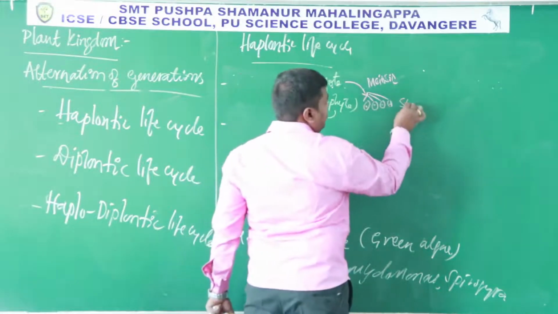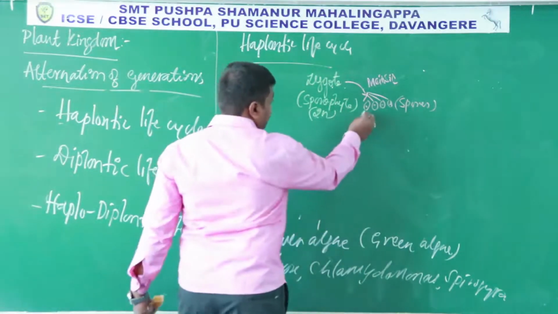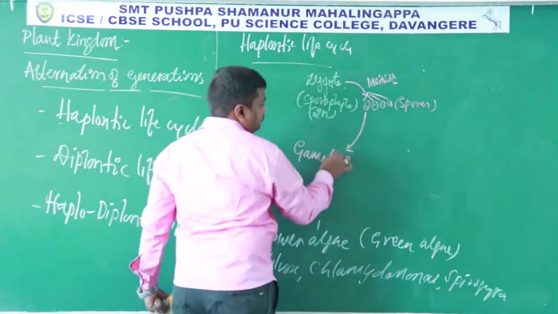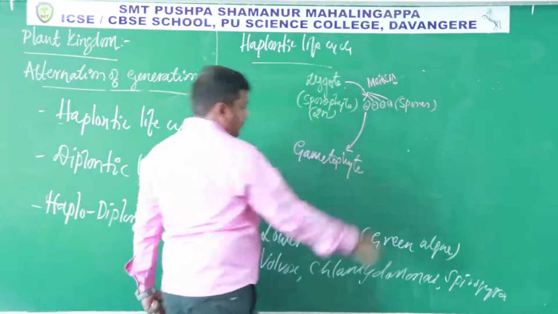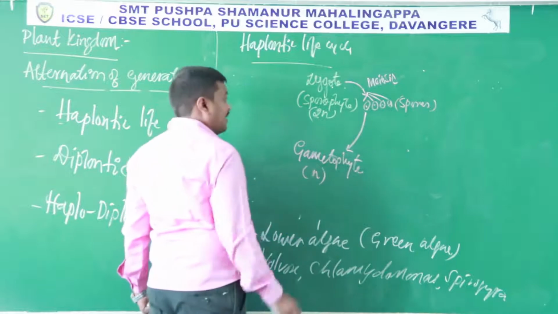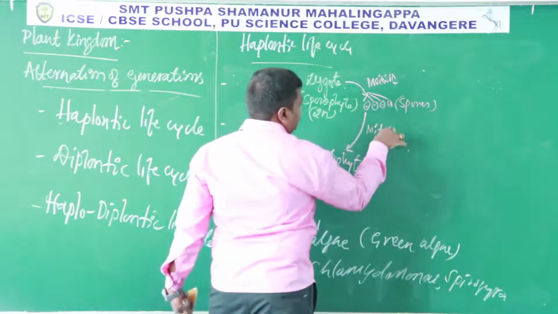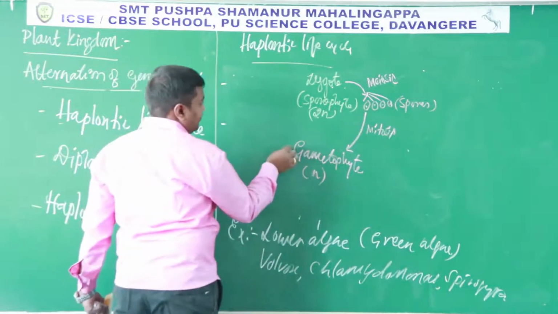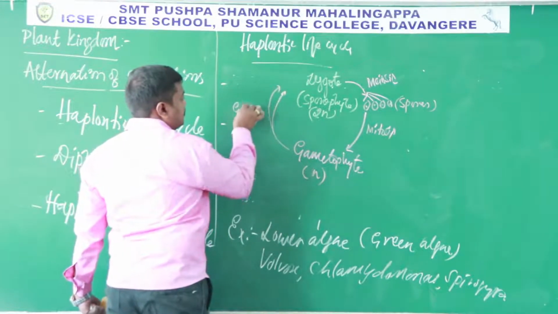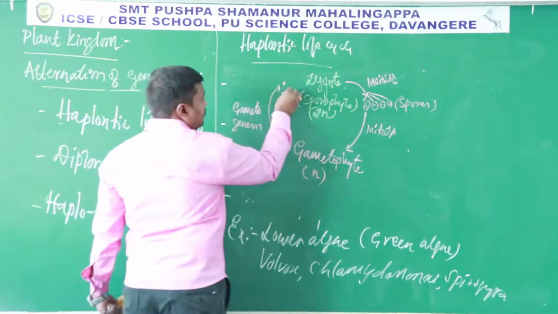Okay. So it produces spores, and these spores develop into gametophyte. The spore develops into gametophyte. So gametophyte is haploid. In the gametophyte, gametogenesis occurs to form the gametes.